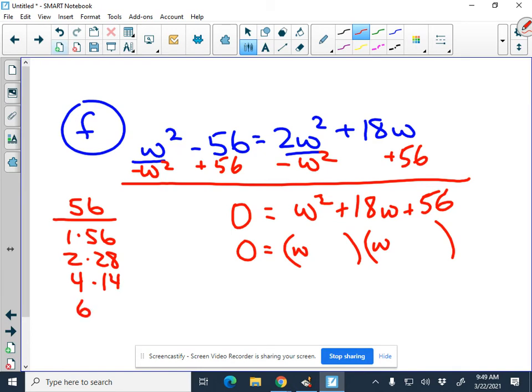6 doesn't work. 7 works. Well, which one of those add to 18? 4 and 14.